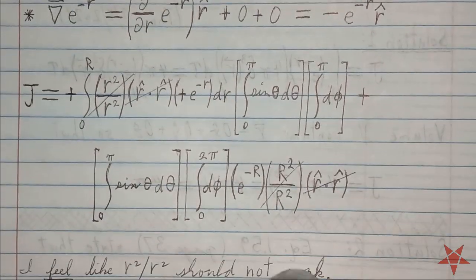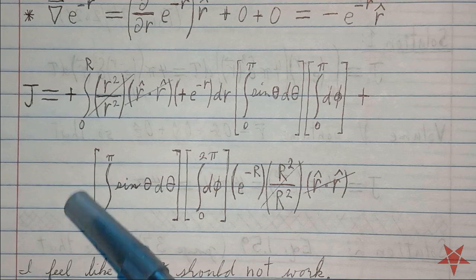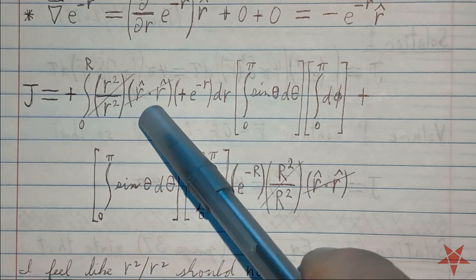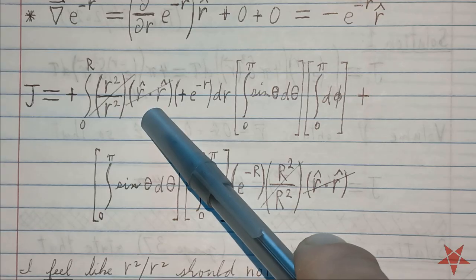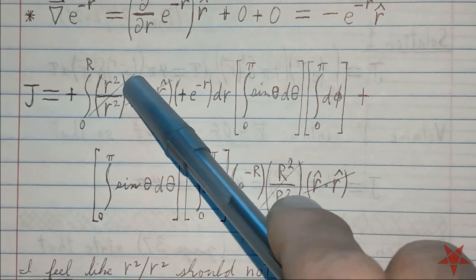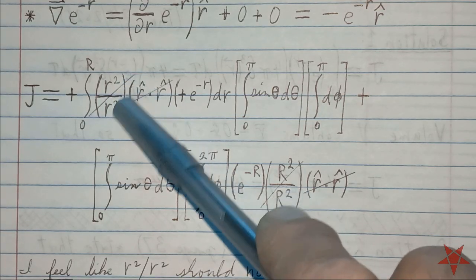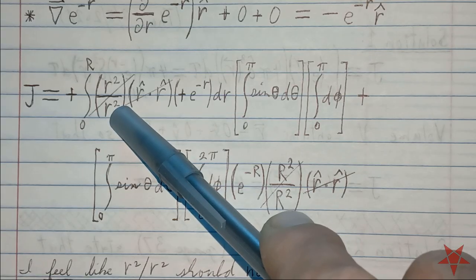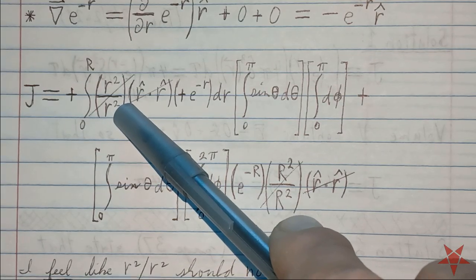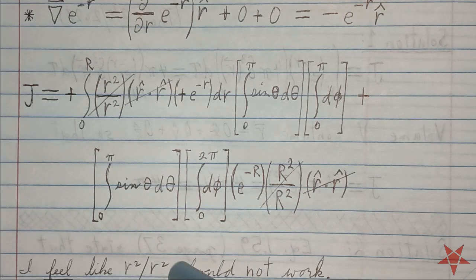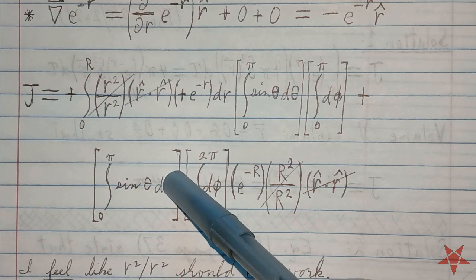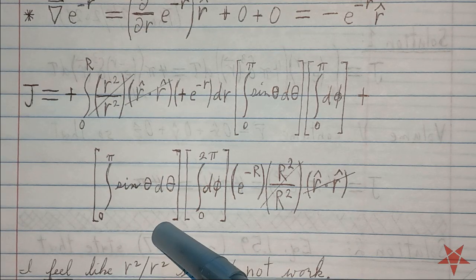Moving on down, what we have now is r hat dotted with itself, which goes to 1. R squared is divided by lowercase r squared. That did bother me a little bit, but really any singularities at the center of the coordinate system are removable.